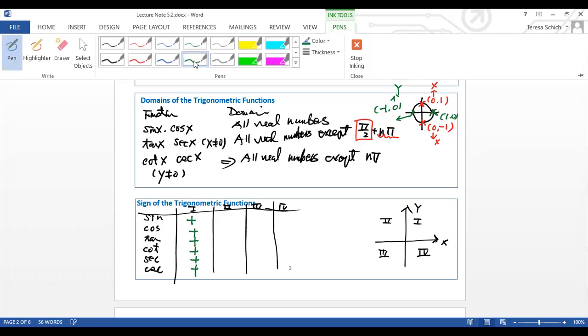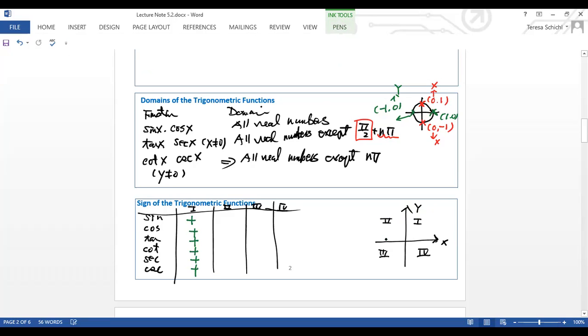Let's take a look at the next quadrant. Here x is negative, and y is still positive. Sine is y, so it is positive. What happened to cosine? Cosine becomes negative. Then tangent is y over x, with y positive and x negative, so it is negative.